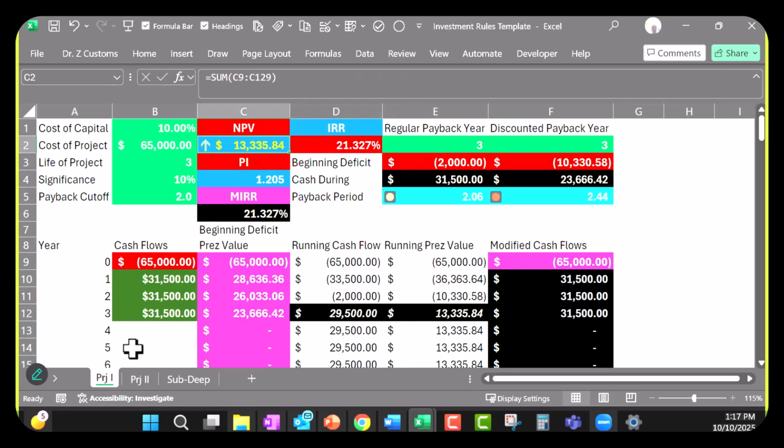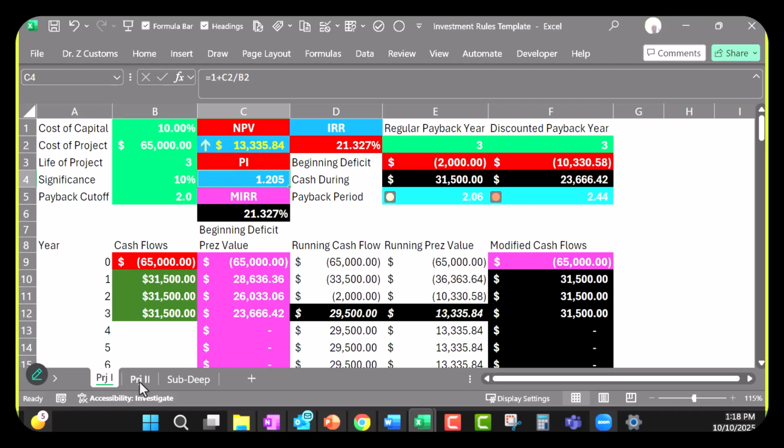The reason the decisions are different: PI doesn't know anything about the scale of the problem. It just tells you how much money you make per dollar invested. Yes, we want PI to be greater than 1, but we also want a higher PI.